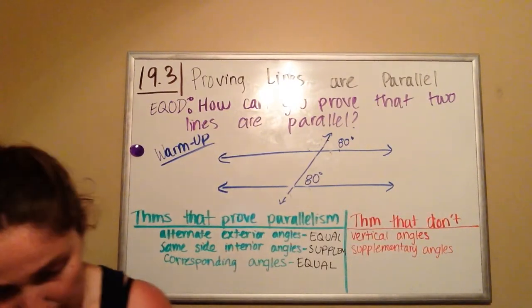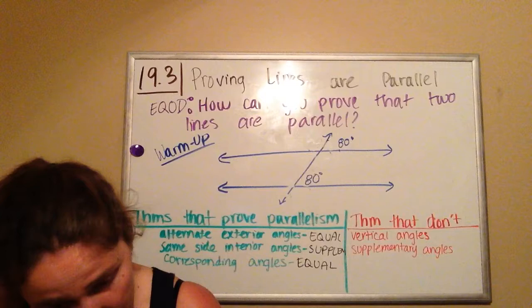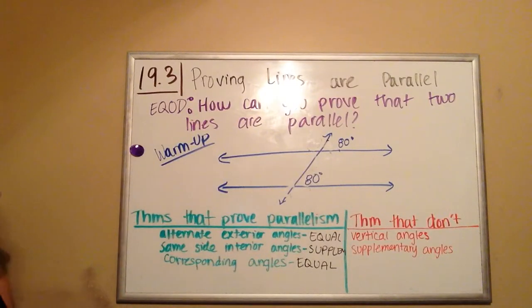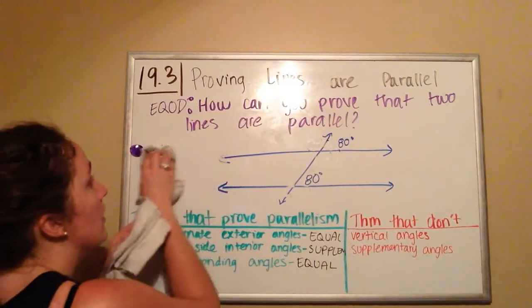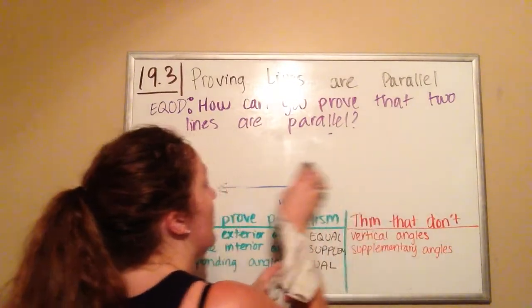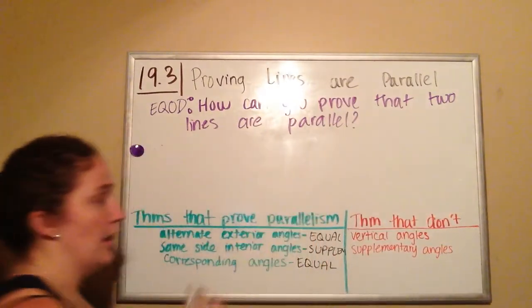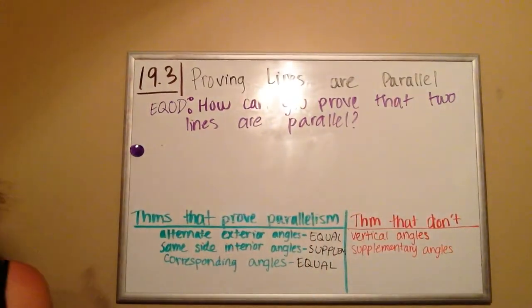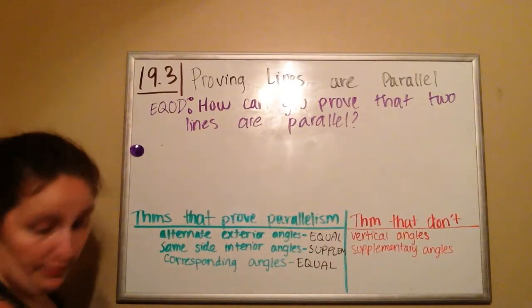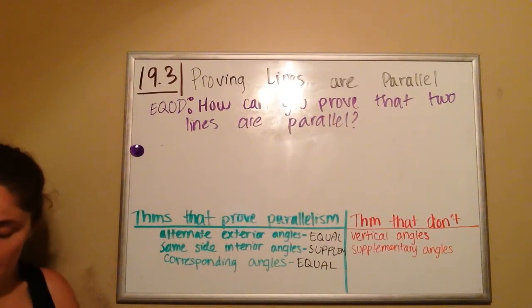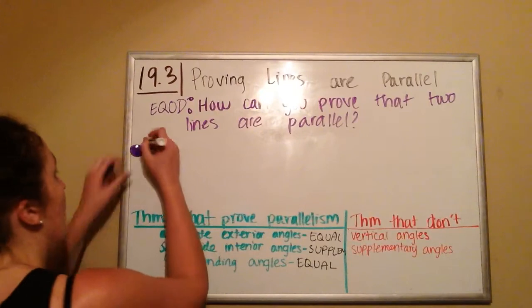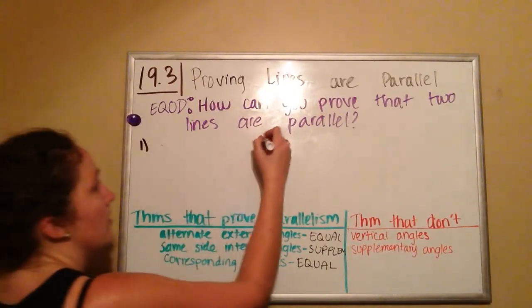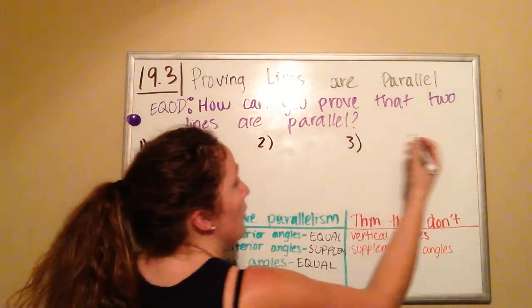So let's go through a couple examples figuring out, are the lines parallel or are they not? So I'm going to draw a bunch of these diagrams and we're going to decide whether or not they are parallel, or we can't tell, or that they aren't parallel, maybe. We'll do 3.